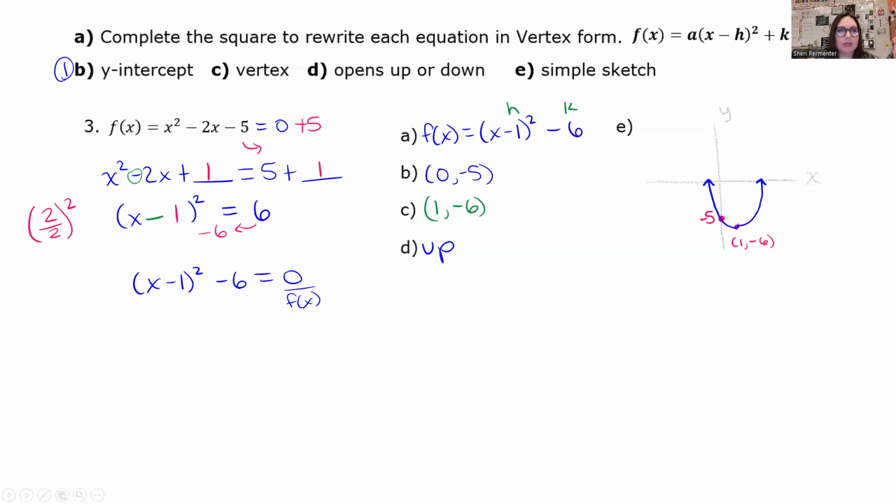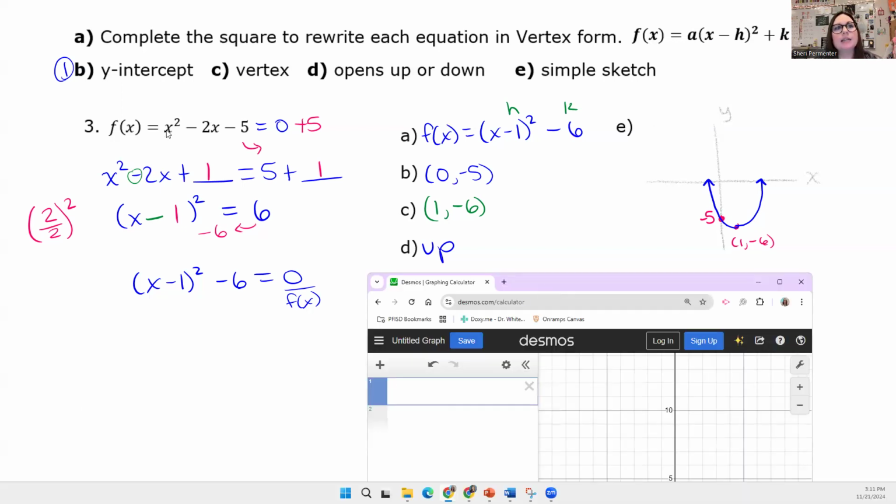And now I would like to show you something that you can use Desmos to help you. So for this one, if I wanted to use Desmos to help me, then I could type in this equation. I would type in what you start with because you know that's right.